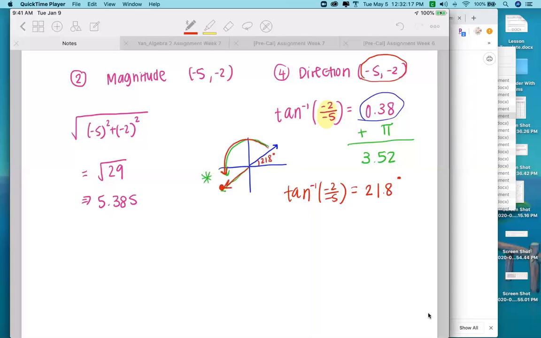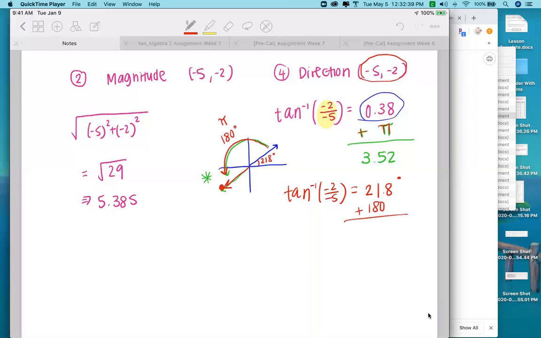Another word for 180 degrees in radian form is pi. So adding 180 to this is the same thing as adding pi up here. I hope that answered your question.